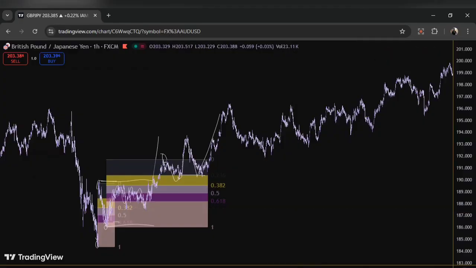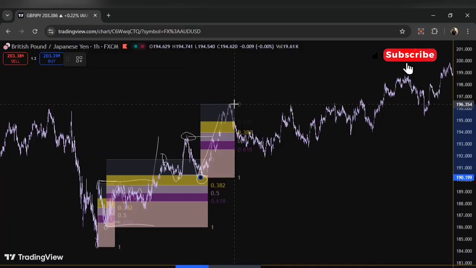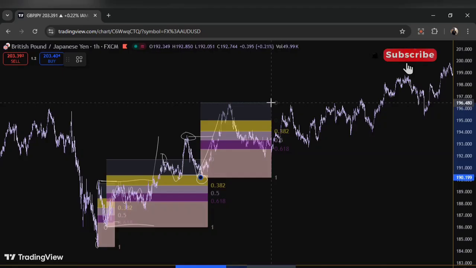So now what do we have again? A swing low and we have a swing high. Now can you see that when price traded and broke that swing high, what do we do? We connect our Fibonacci tool from the swing low to wherever price started pulling back from.